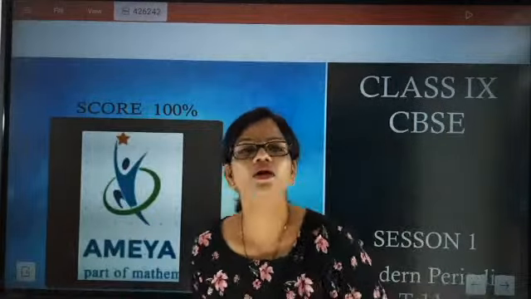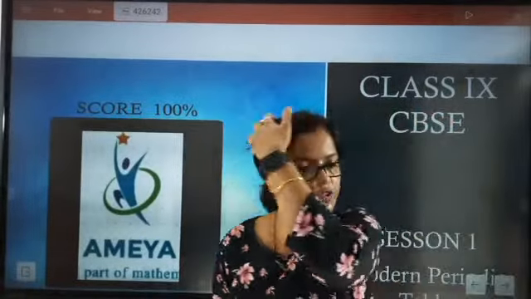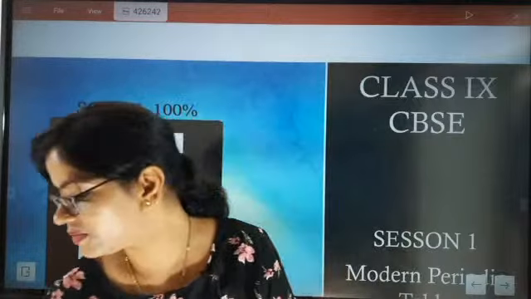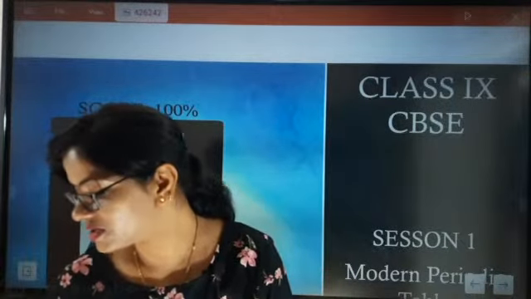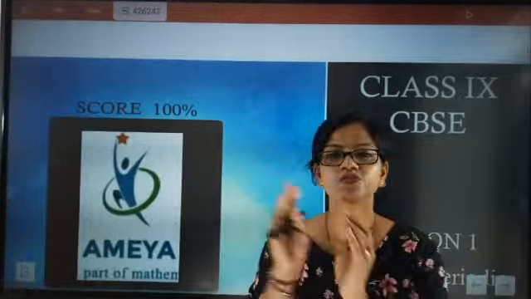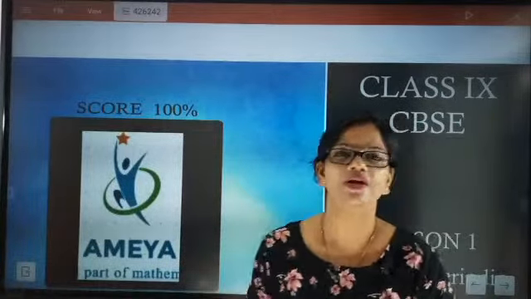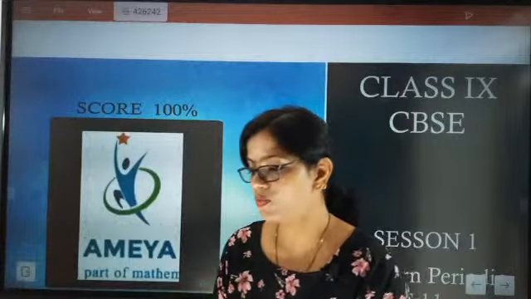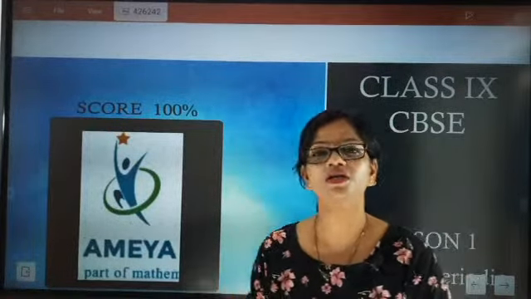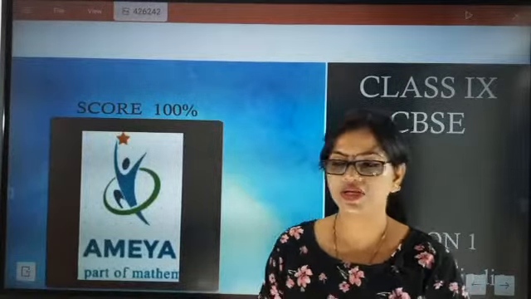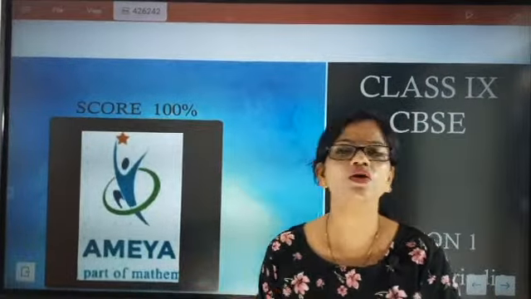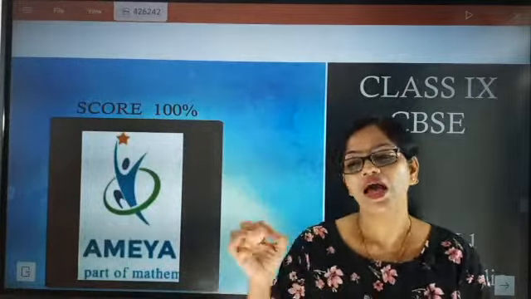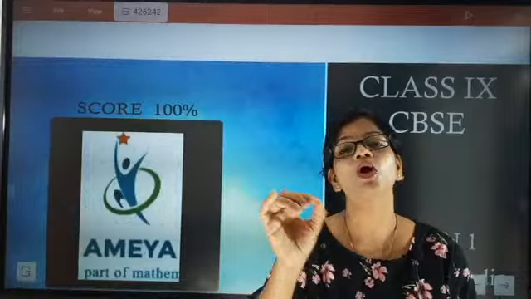So last class we were talking about Mendeleev periodic table, Dobereiner's law of triads and Newland's law of octaves. We have seen one very important thing there: in all these cases there was a trend. Whether we were seeing Newland's law of octaves, or Dobereiner's law of triads, or the Mendeleev periodic table, each has its own feature, its own way of presenting the elements, but one thing was common, and that was the properties.